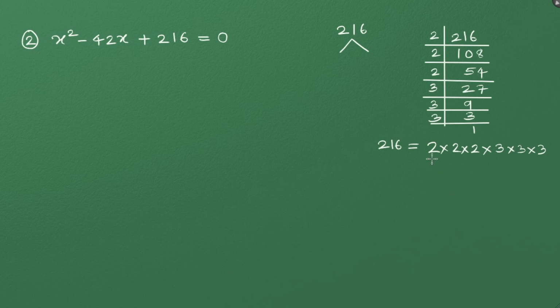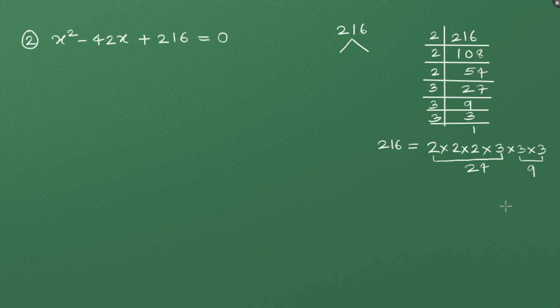Now this is 2 times 2 is 4 and 4 times 2 is 8 and 8 times 3 is 24. So if we take this, then the other number is 3 times 9. So 24 and 9 upon addition is not going to give 42. So 24 and 9 are not the factors.